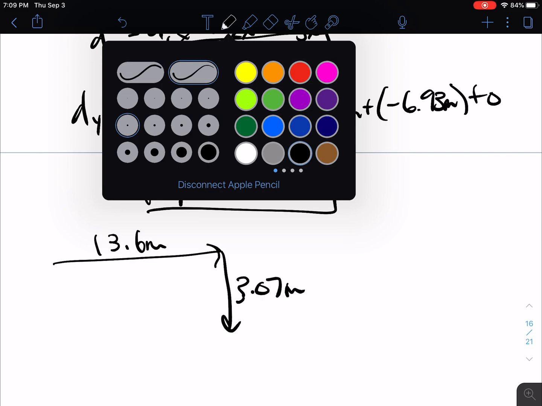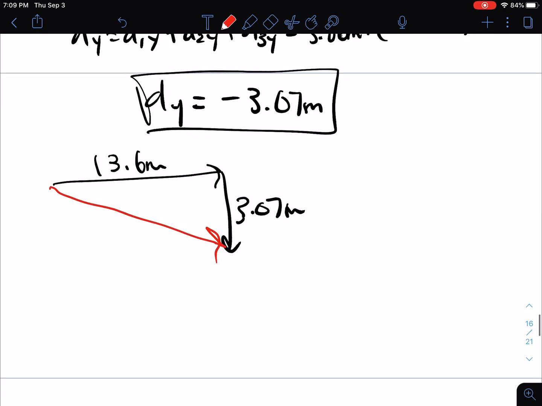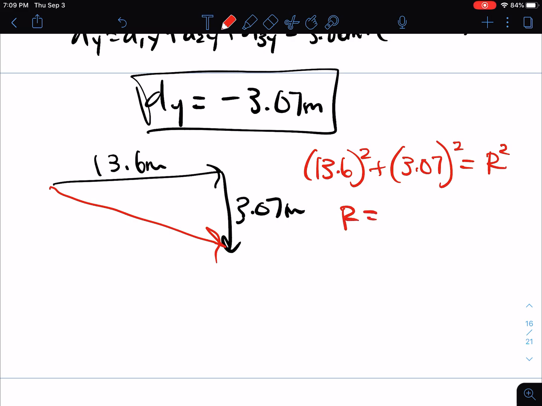Okay, so now this here is our resultant vector, and in order to find the magnitude, I need to use the Pythagorean theorem. So we get 13.6 squared plus 3.07 squared equals, and I'll just call that r squared for resultant. Solving for our resultant vector in my calculator, I end up getting r equals 13.9 meters.